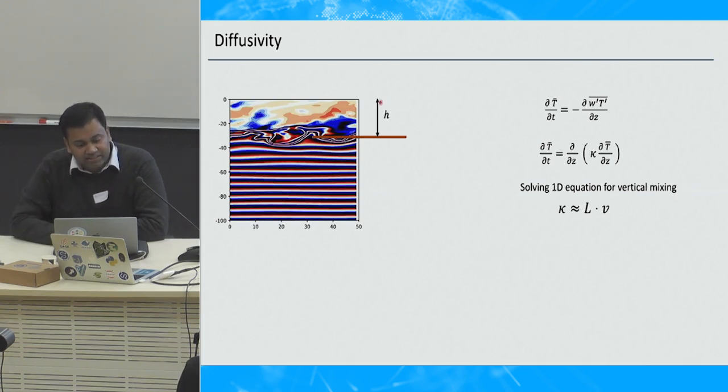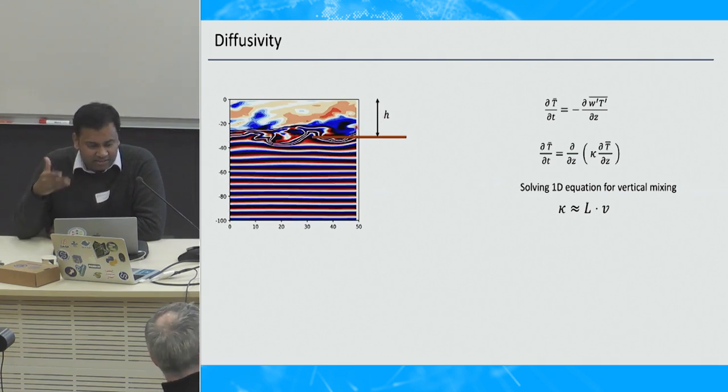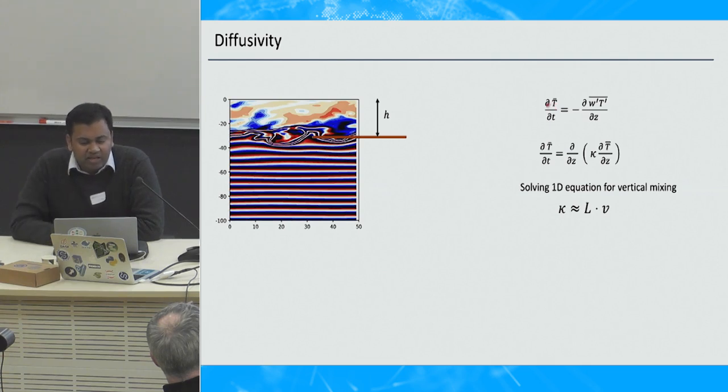So how does, let's say, this fluid in this boundary layer of depth H evolve over time, and to simulate that temperature or any tracer in that upper ocean, we usually have some evolution equation where we have a time derivative of some tracer. I'm showing temperature over here, but it could be temperature or any other tracer. And on the right hand side, we have a divergence of flux term.